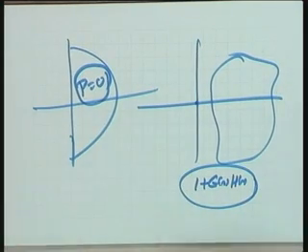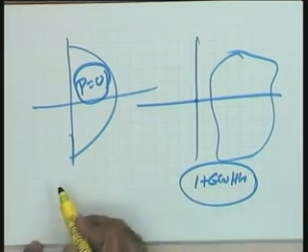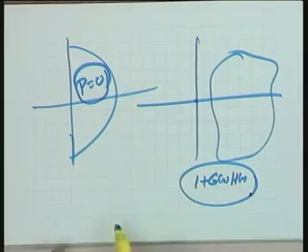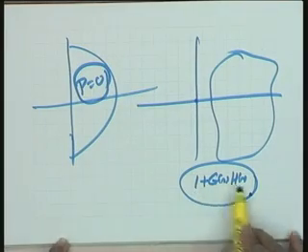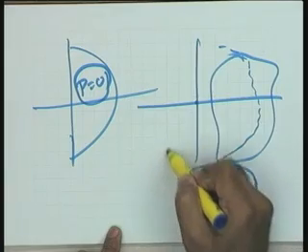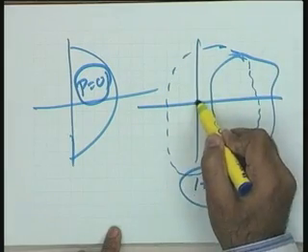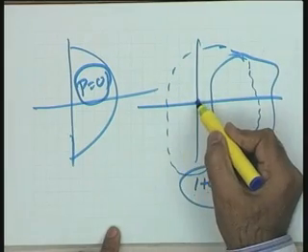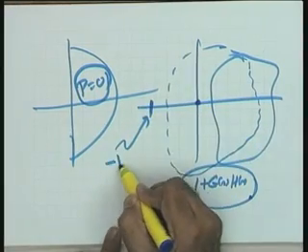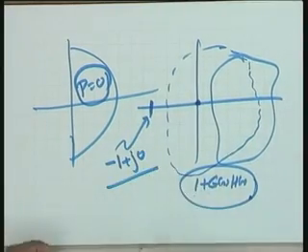Please see that, since I am looking at the watch, the 1 plus GsHs plot is difficult to make. I hope you won't mind if instead of making the 1 plus GsHs plot, I make only the GsHs plot and look at the encirclements of the point minus 1 plus j0, instead of the encirclements of the origin.